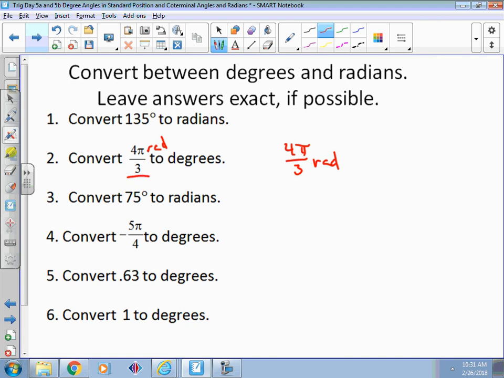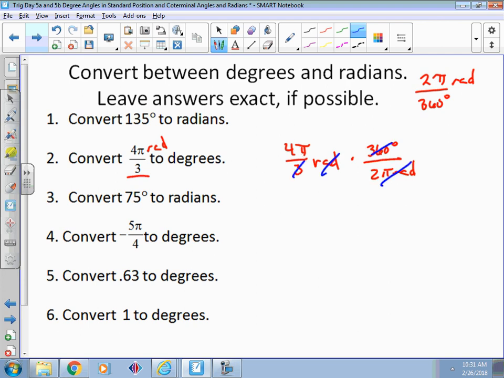I know that every 2 pi radians is equivalent to 360 degrees. And every 360 degrees is 2 pi radians. I need the radians units to cancel. So if I multiply this by every 360 degrees is 2 pi radians, my radians will cancel, and then I'll have my answer in degrees.